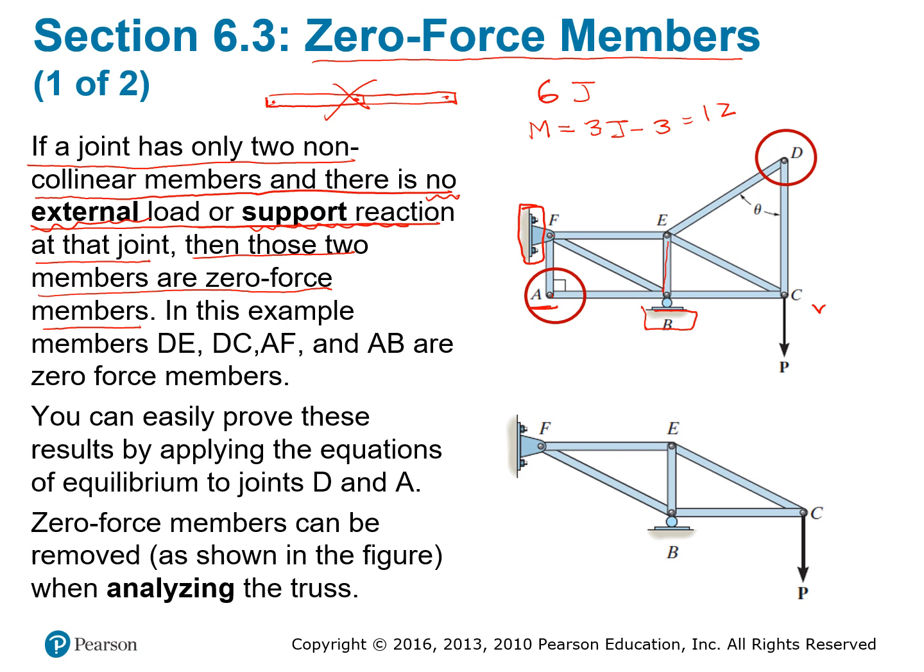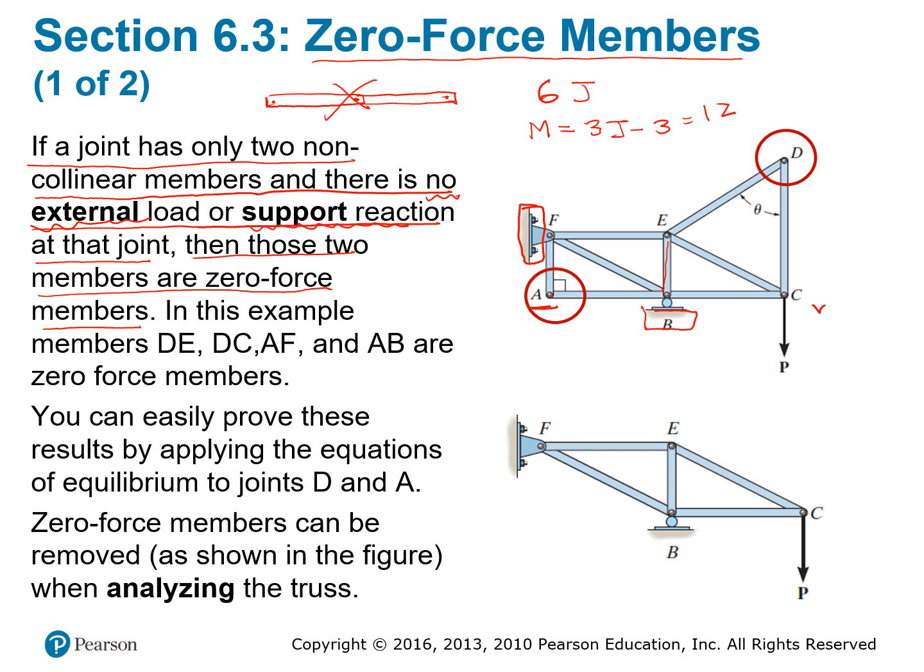For this, you have 2 members. They are connected, not collinear. There's no external load on point A. There's no support reaction at point A as well. So this satisfies the situation for the zero force member.